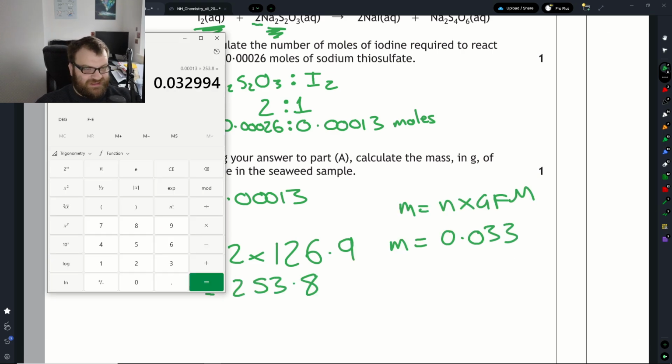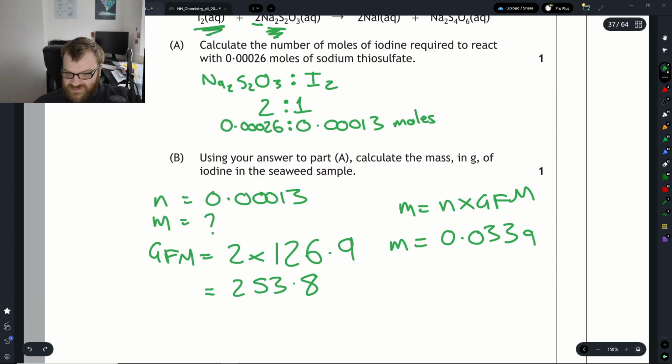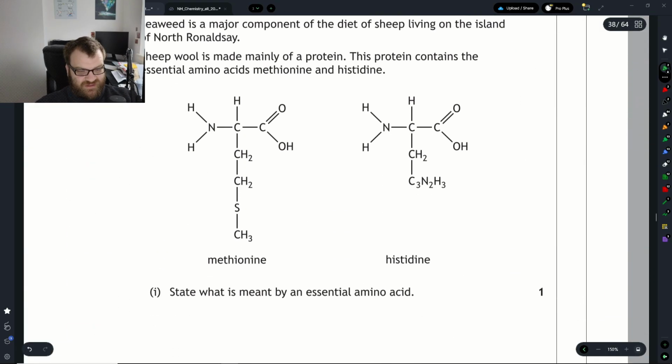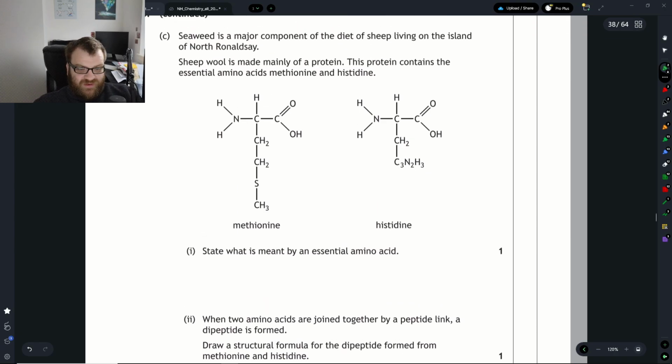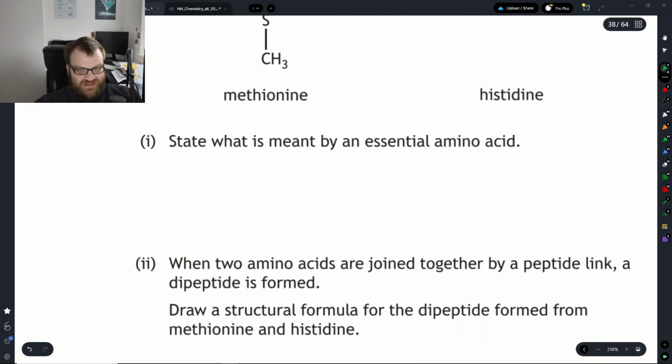I'm going to round that and take that to 0.03. That one, if I was going to take it to 3 significant figures, no. Correct answer. Next one, the first one's just a definition of essential amino acid.